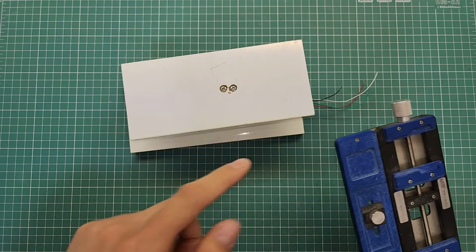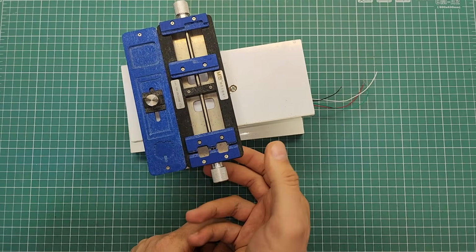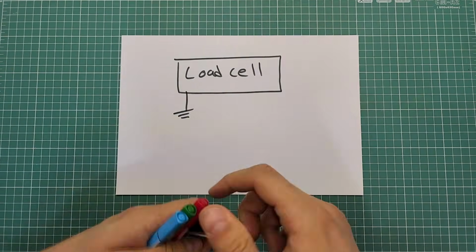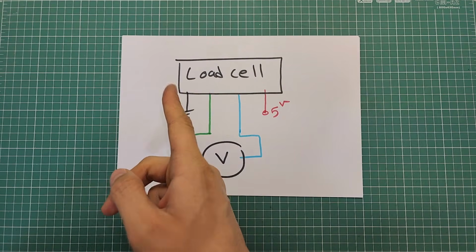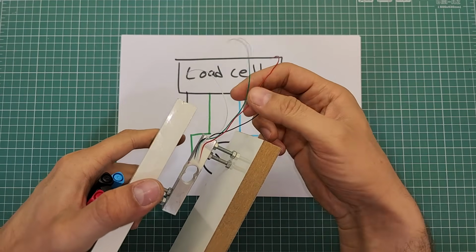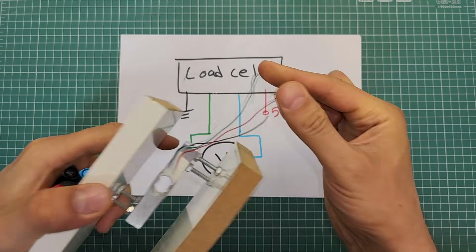Now I'm able to test the sensor by putting stuff here, like this. These black, green, and red wires here are black, green, and red wires on the module, and this blue line here is the white wire on the module.